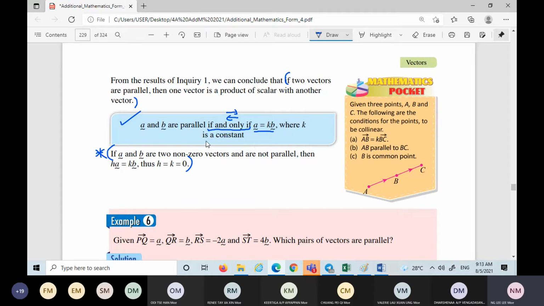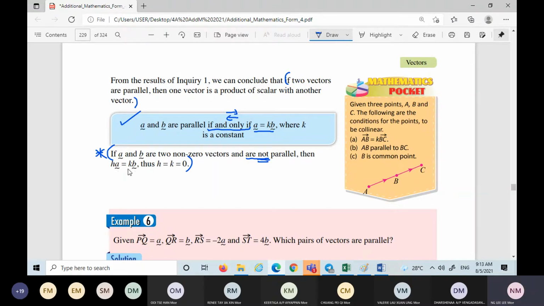But how about if A and B are not parallel and yet A is equal to KB? This is the case: if A and B are two non-zero vectors and are not parallel, but A is still equal to KB.